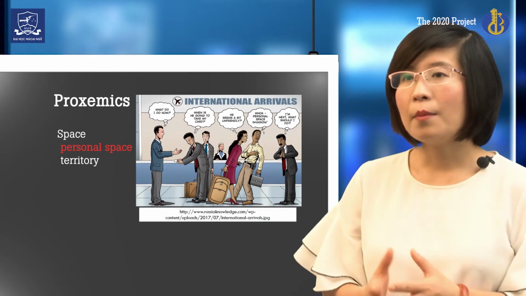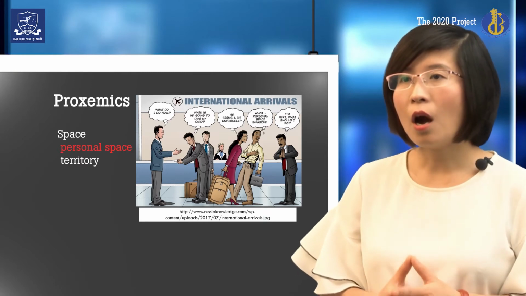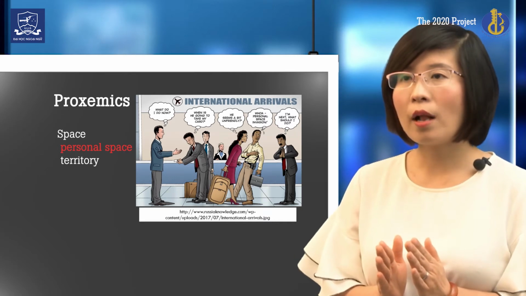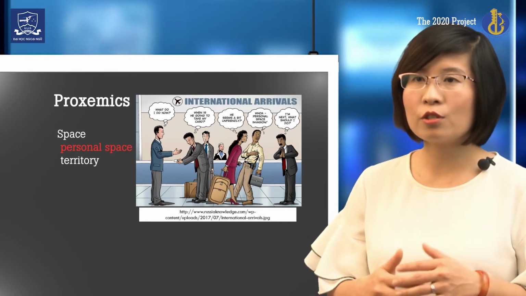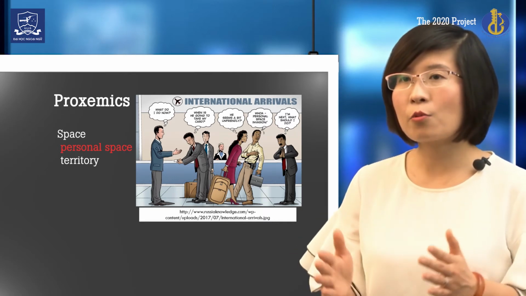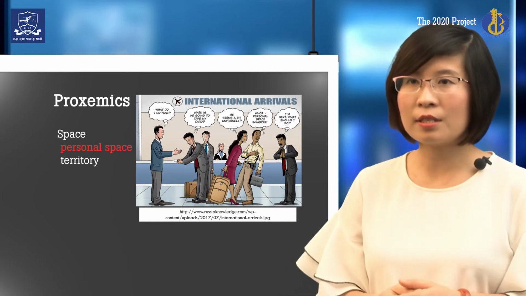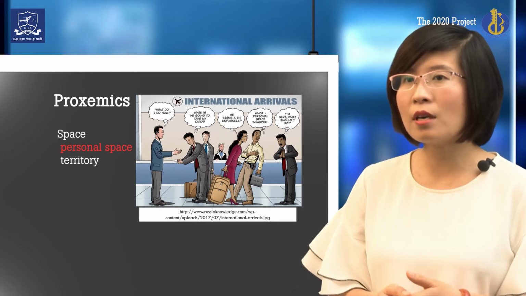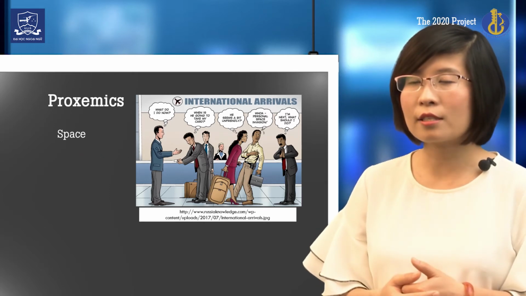For example, people from Latin America often feel comfortable standing close to each other, while people from European countries or North America prefer a relatively greater distance. Lovers stand closer to each other during a conversation than colleagues do.